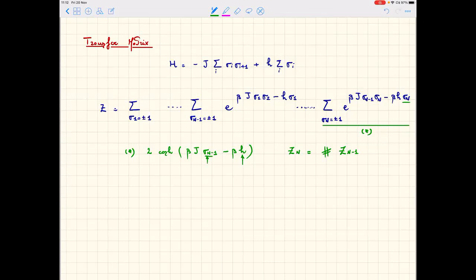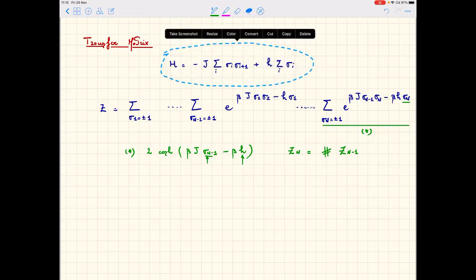And everything becomes extremely complicated. So the recursion method cannot be a general method to solve problems in statistical mechanics. Unfortunately, what can we do? This is life. So let us try to cook up a different method.